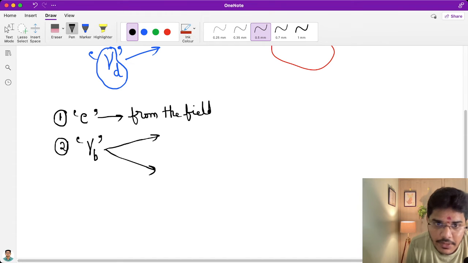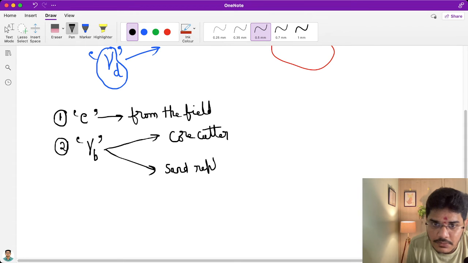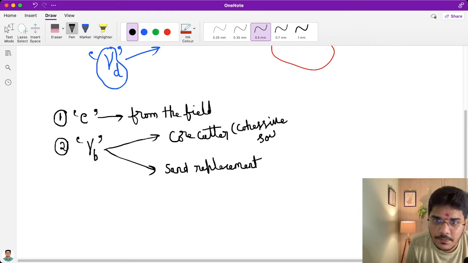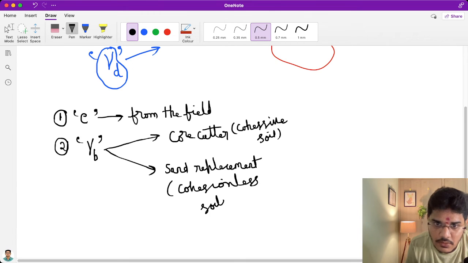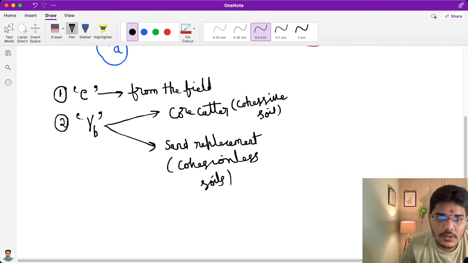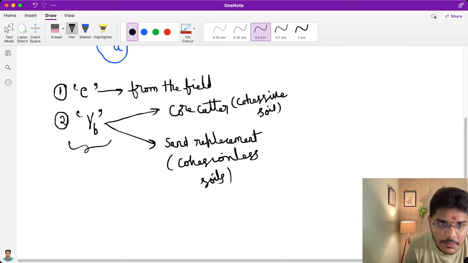For measuring the bulk unit weight, I will use the core cutter method or the sand replacement method. The core cutter method is for cohesive soils, and the sand replacement method is for cohesionless soils. Along with this gamma B, I'll also measure the water content.